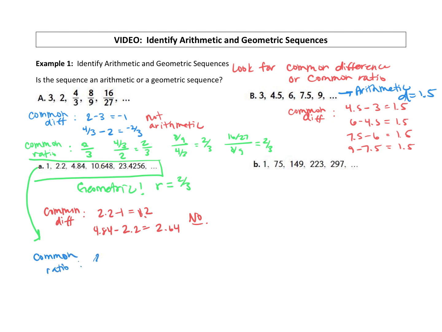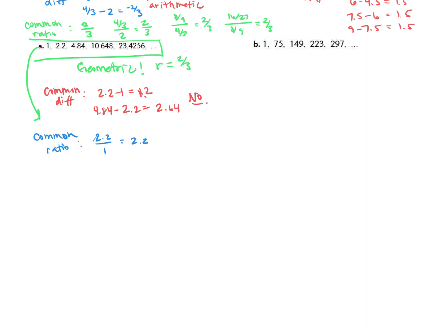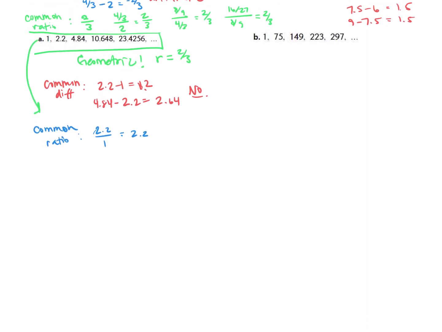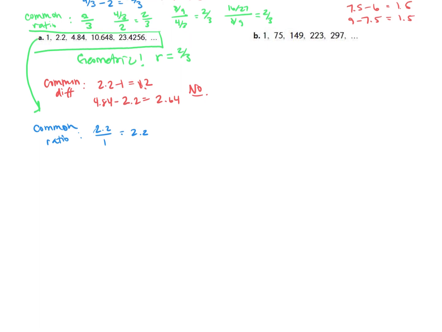So second term, 2.2 divided by the first term is 2.2. Let's see, third term, 4.84 divided by 2.2 is another 2.2. Then we have 10.648 divided by 4.84.